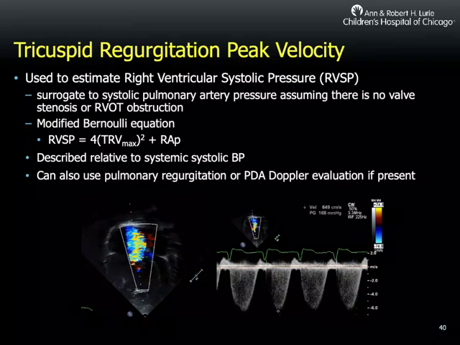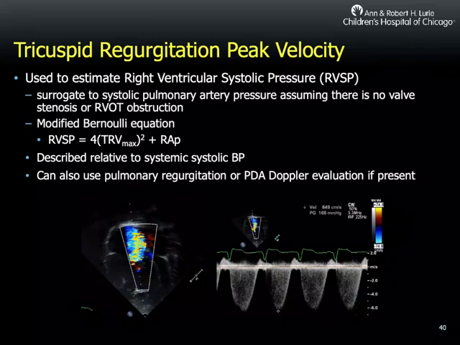If we're able to calculate that velocity, you can use a modified Bernoulli equation with certain assumptions: your TRV max squared times 4 gives you an estimate of the RVSP. And this is in addition to your right atrial pressure.